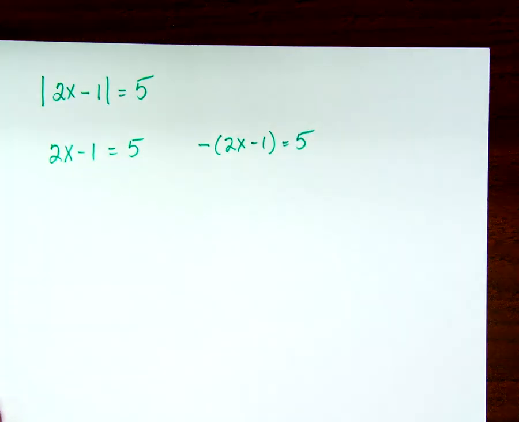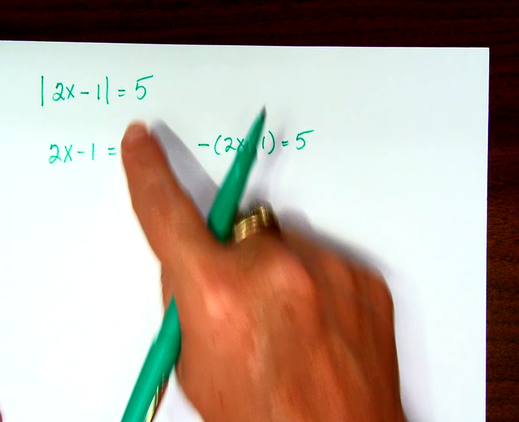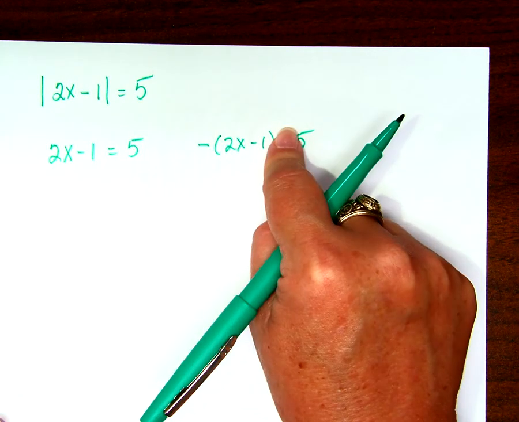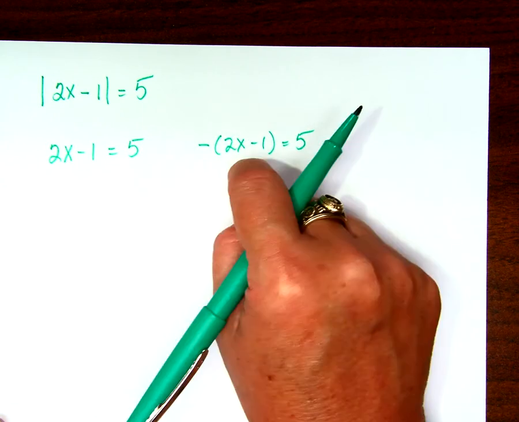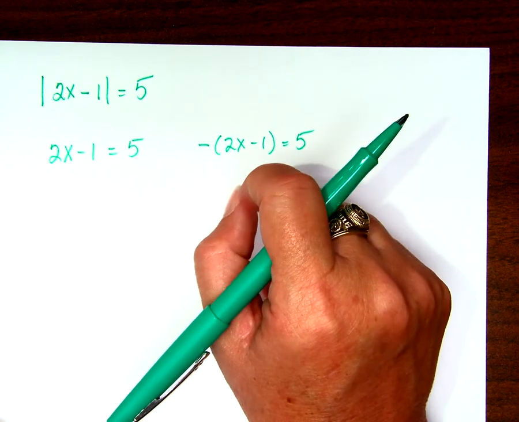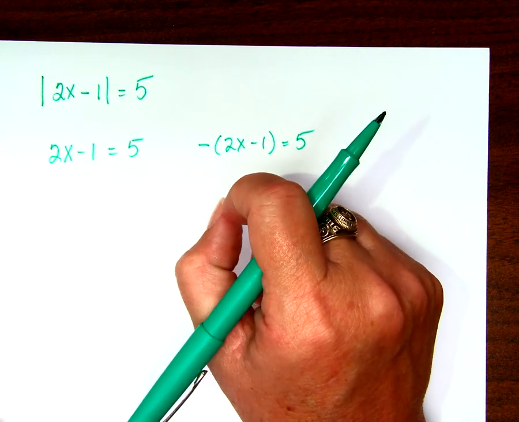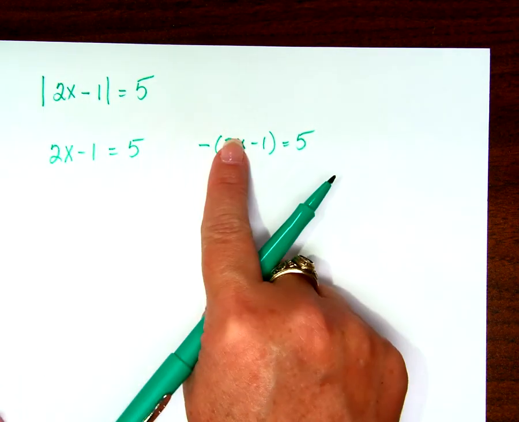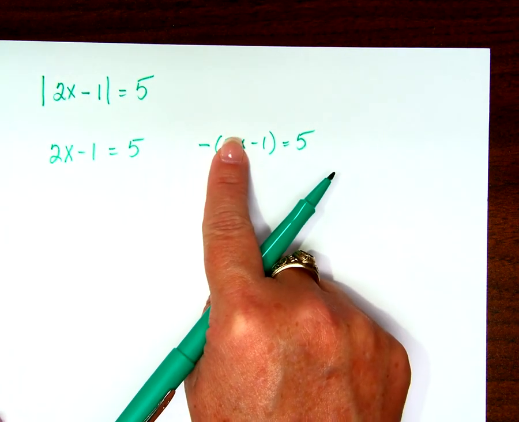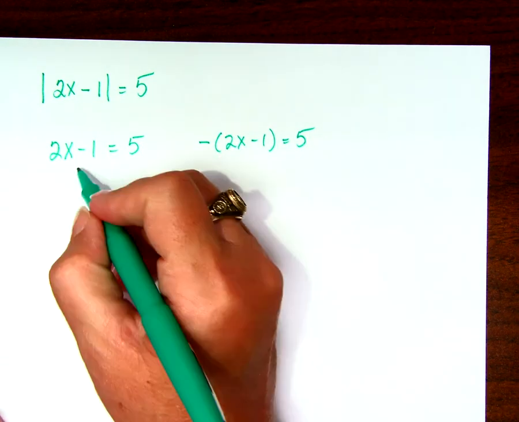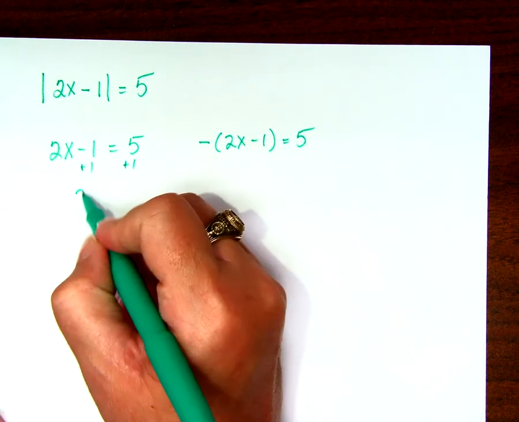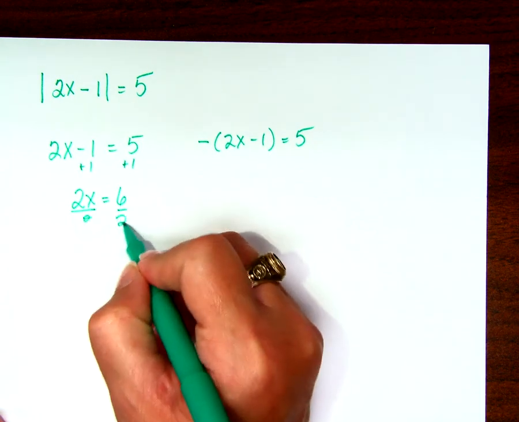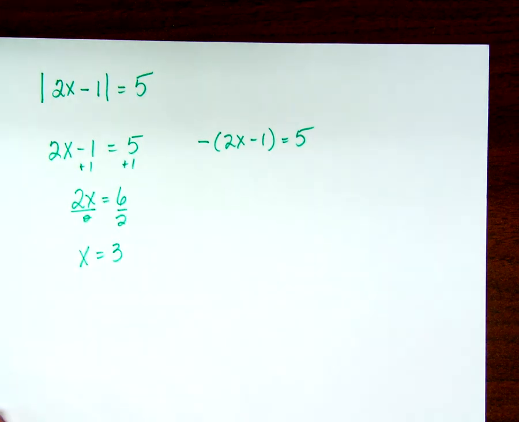Just like that. Now, I'm telling you right now, a lot of people change this number, make it positive or negative, and with equations, it doesn't matter. If we ever get to inequalities, it so matters. So I just always say what's inside is positive, what's inside is negative, so then I don't get confused. So I just have two parts of the equation. In this case, I get x equals 3.